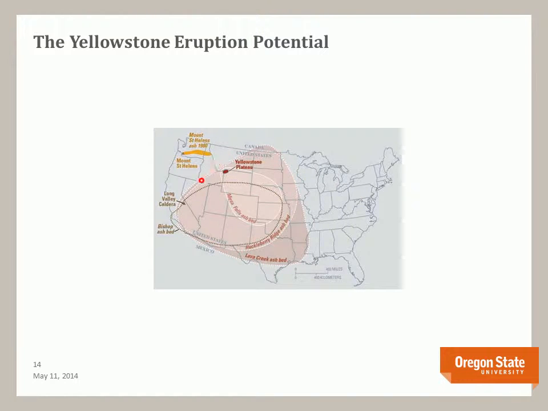And these are arrived at just by looking at deposits within the sedimentary record, and they can find ash beds that are correlated with the Yellowstone area. So as you can see, if an eruption of this size occurred now, the ash would extend across most of the U.S. And of greatest concern is that this is obviously a location of a lot of agriculture, and so that would have a big impact on food production within the United States.